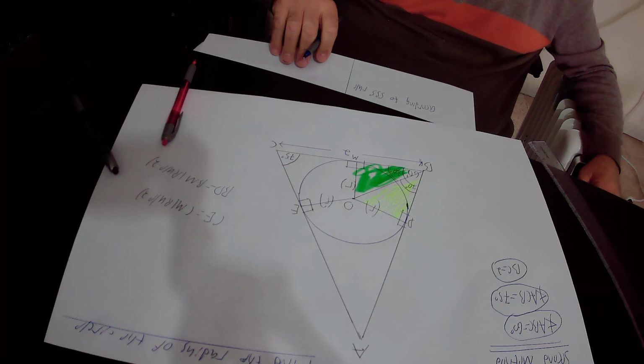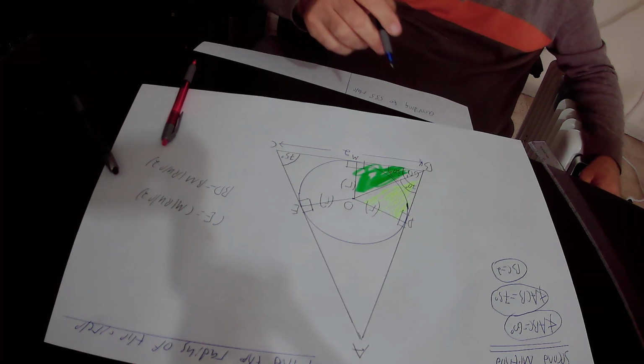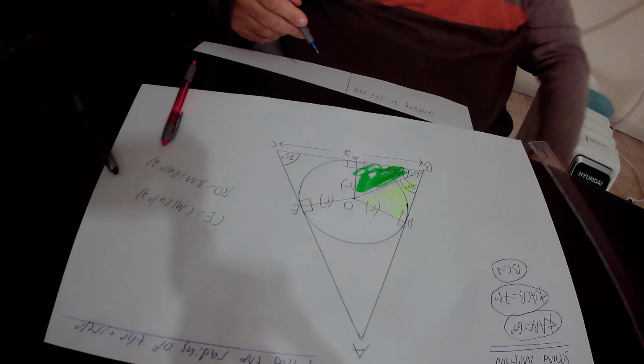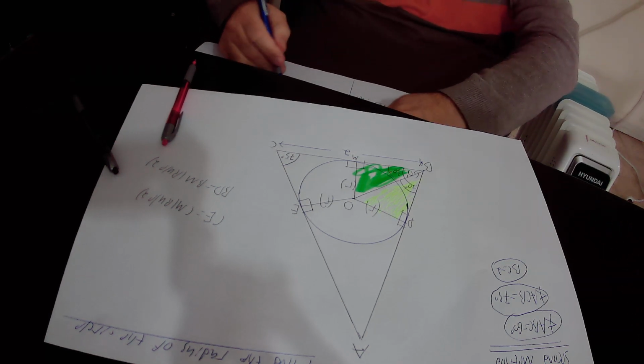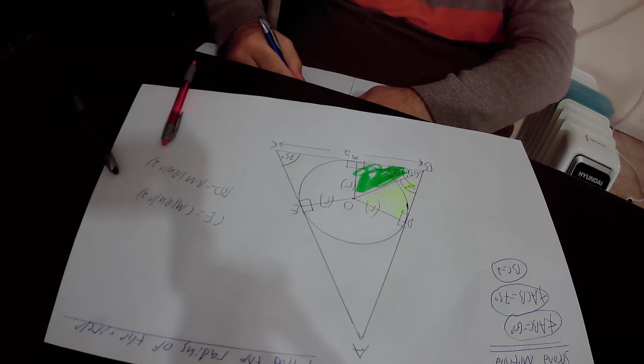In the next step, we will focus on the green right triangle BOM. So I'll copy the green right triangle BOM in a new page.